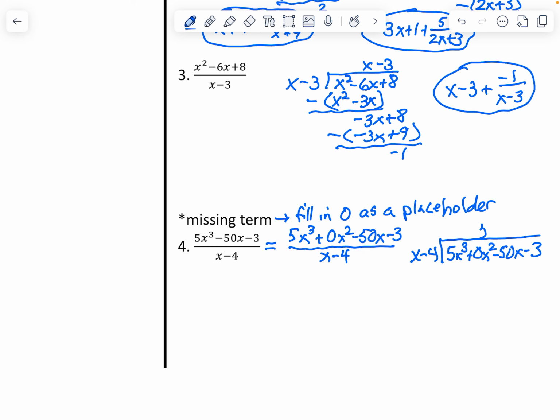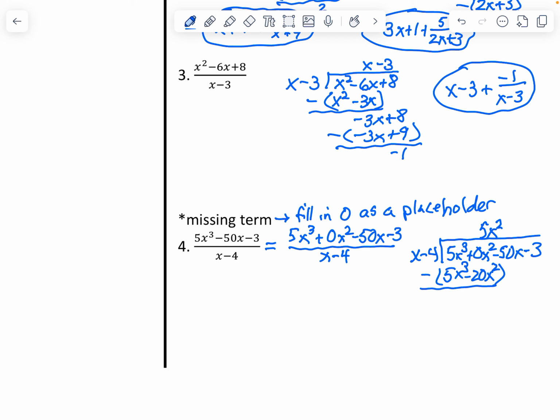Well, that's a 5x squared. Notice that 5x squared is going to be lining up with the 0x squared. You need that placeholder. So 5x squared times x is 5x cubed. 5x squared times negative 4 is negative 20x squared. So the x squareds now line up since we put that 0x squared in that place.